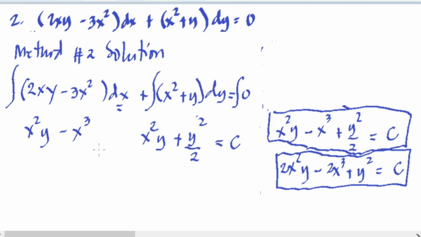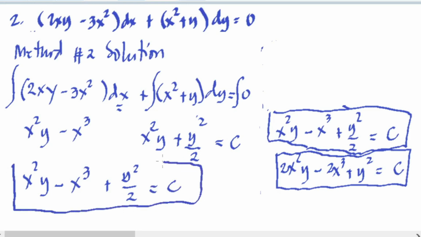Now, if there are similar terms, you just write them once only. So we have x squared y here, and we also have x squared y here. We just write it once. So we have x squared y minus x cubed plus y squared over 2 is equal to c. Now you already have the answer.